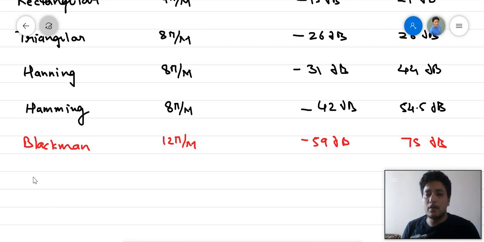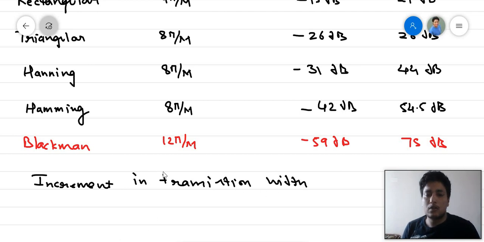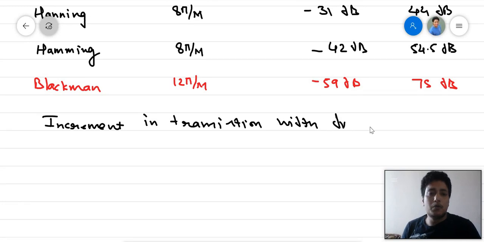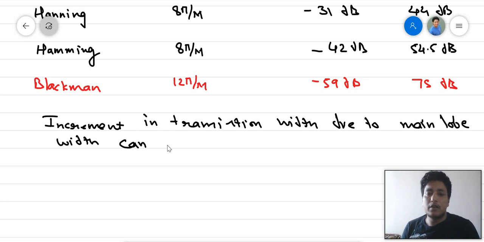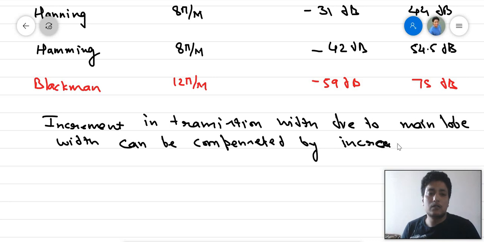Now the increment in transition width due to main lobe width can be compensated by increasing the value of M. Now it is a very important point.